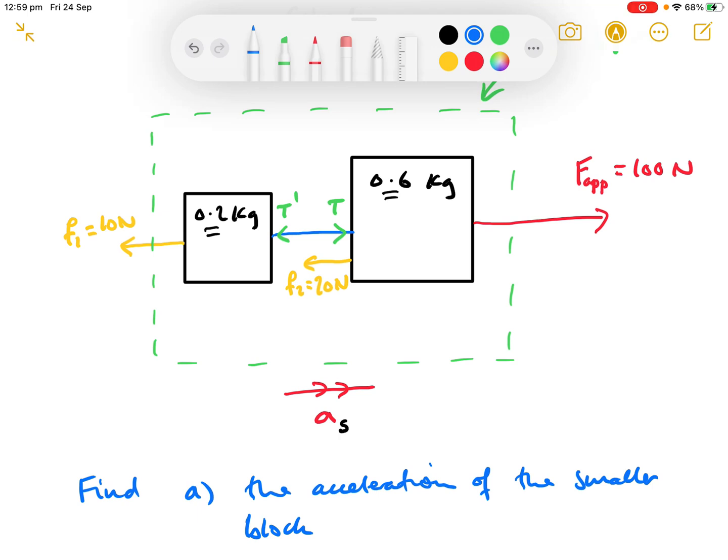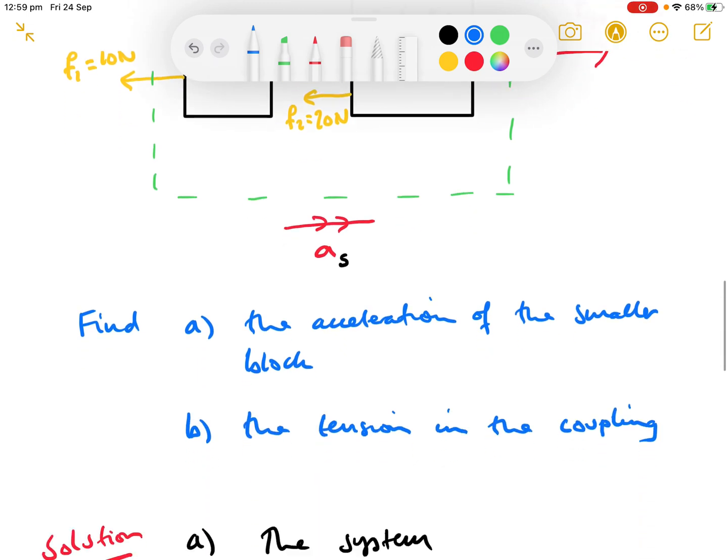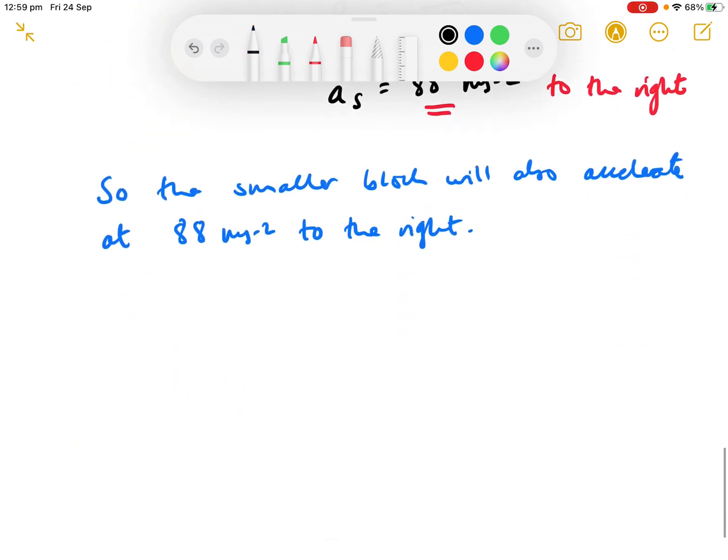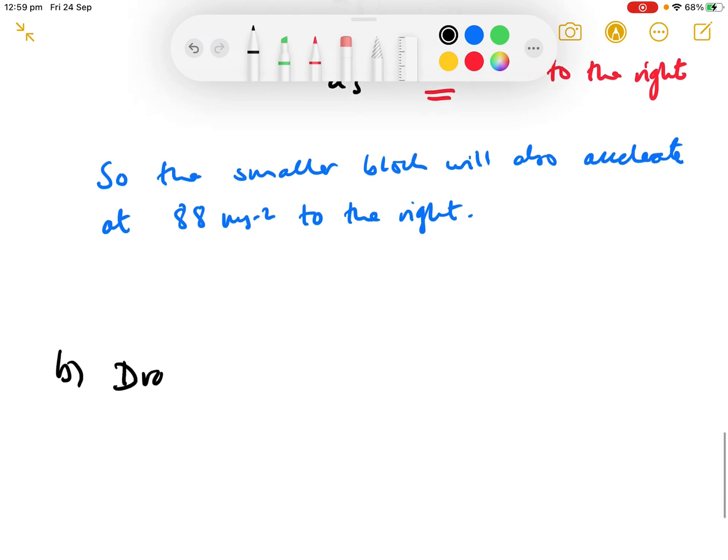So you've only got one unknown tension. It could be either of them, but very often choosing one of the blocks at the end, usually the tail end, is slightly easier. Not always, but very often. So to answer B, I'm going to draw the small block and all the forces on it. So it's a free body diagram for the small block to get the tension. You'll see how this works now.